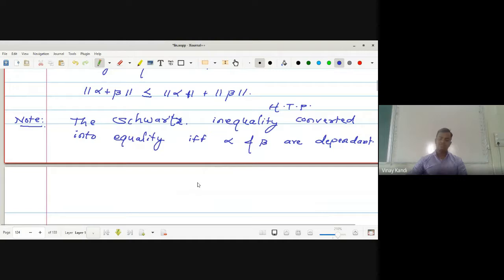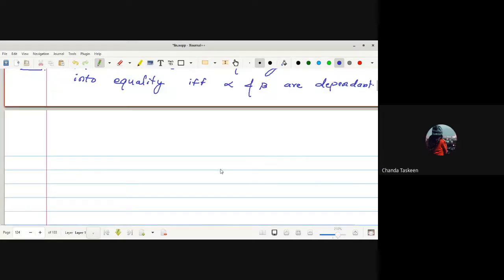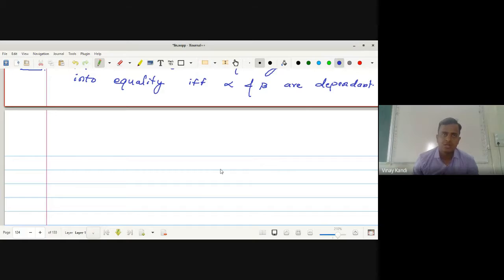Okay, now the next definition is orthogonal vector, orthonormal vector. What is an orthogonal set? What is an orthonormal set? Two vectors are orthogonal when the dot product of the two vectors is zero. Yes, sir. But here we don't say dot product in general; dot product is in R2.